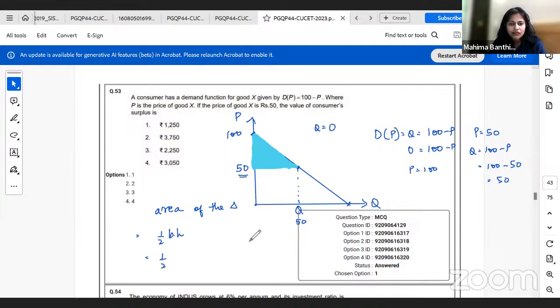The base is 50, because 0 to 50 is 50. The height is also 50 because it's 100 minus 50. So this is going to be 2500 by 2, which is 1250.